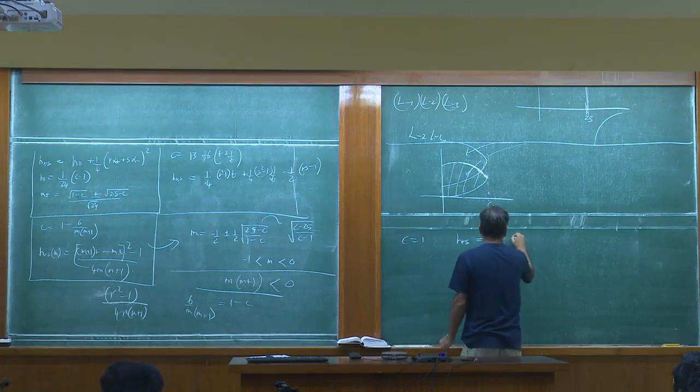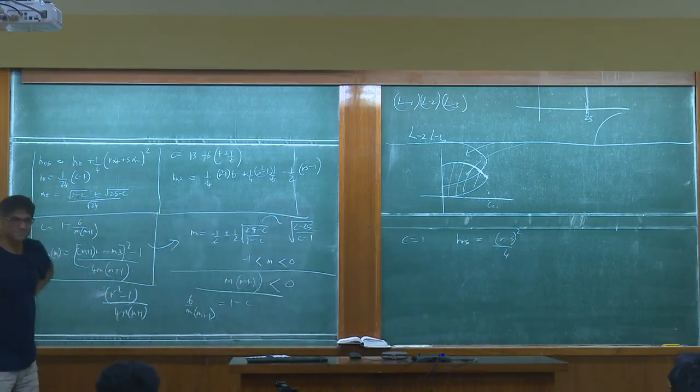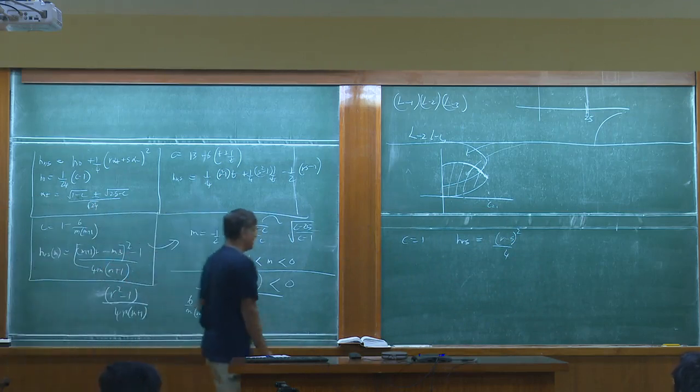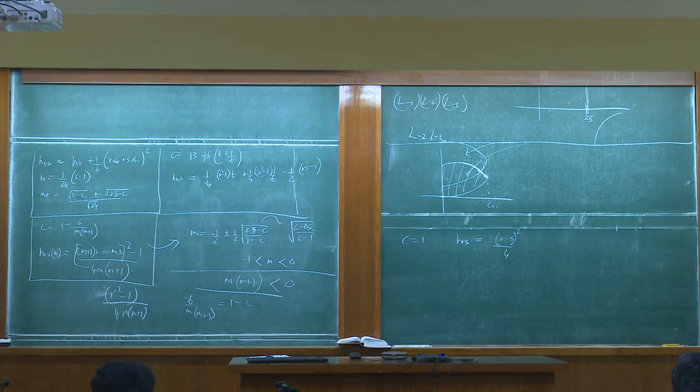It's (r minus s) the whole thing squared, divided by 4. Note in particular that the number only depends on r minus s and not on r and s separately. So if we have two different values of r and s with the same difference, they hit the c equals 1 curve at the same point.